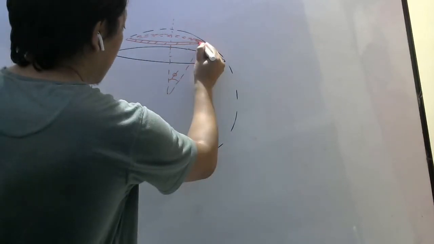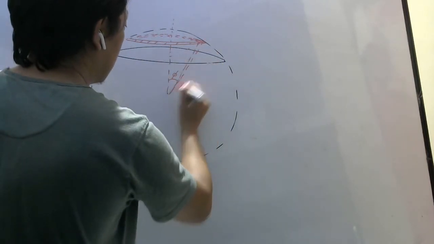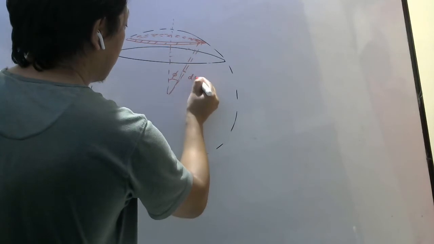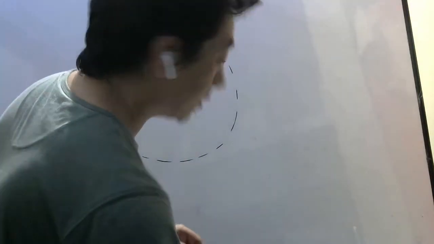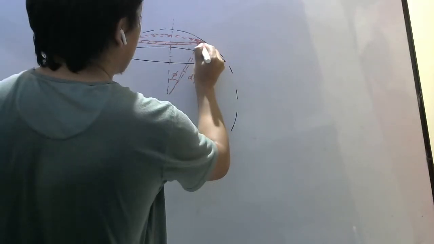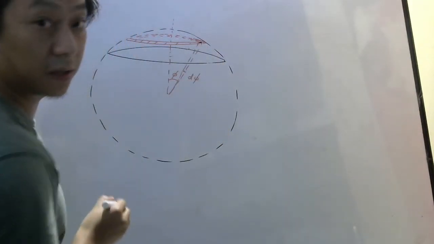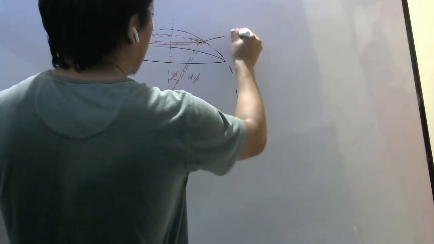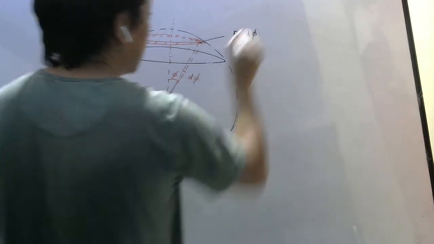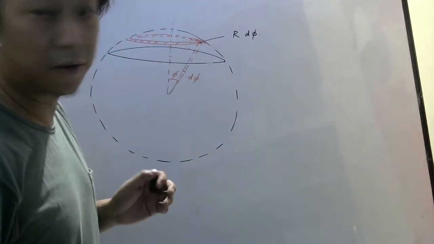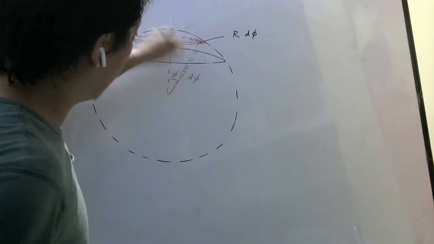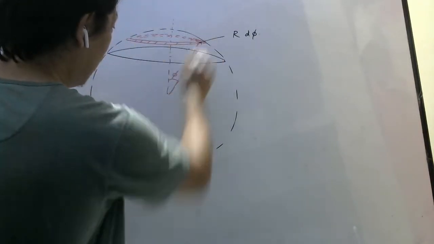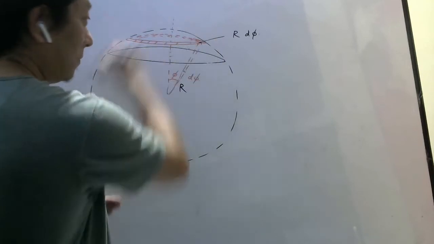Then this small angle here will be d phi. That means the thickness of the ring can be written as r d phi. You know this from the formula for arc. The small arc here is this small angle into this radius, and this whole thing is the radius of the sphere.